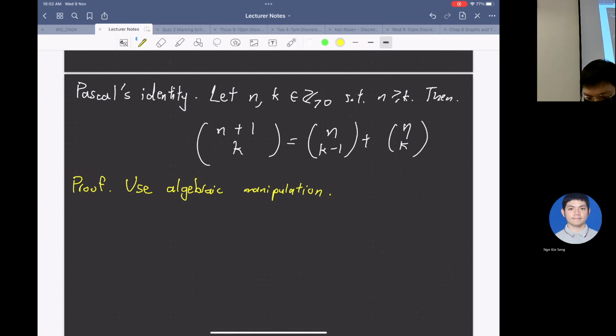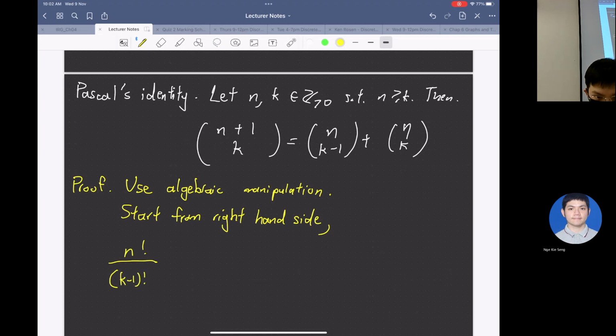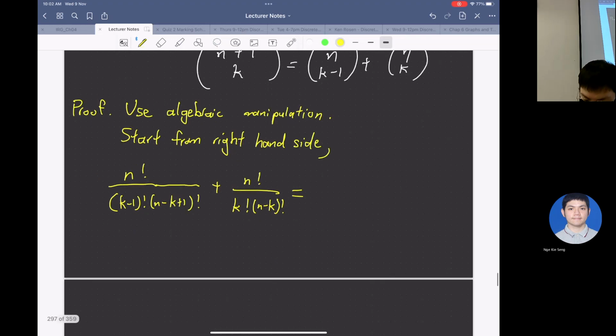Okay, so maybe we start from the right hand side. So start from the right hand side, we have n factorial over (k minus 1) factorial times (n minus k plus 1) factorial, plus n factorial over k factorial times (n minus k) factorial.